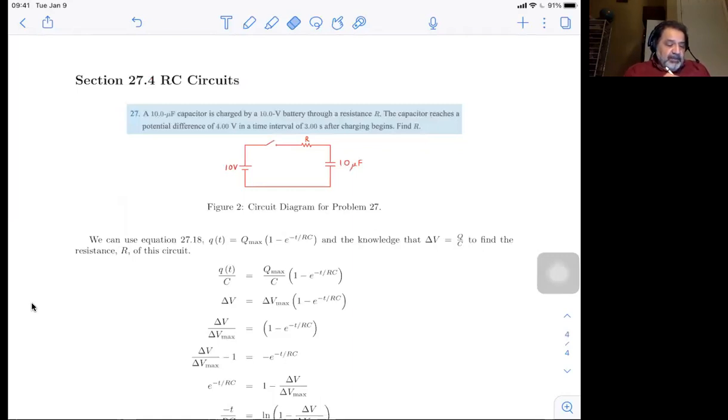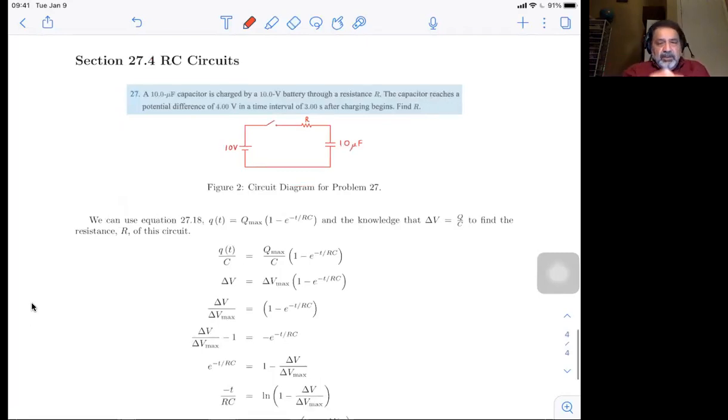Q(t) over C equals Q max over C times 1 minus e to the minus t divided by tau, which is RC. That's that equation there. And that becomes delta V equals delta V max times 1 minus e to the minus t divided by tau, or RC.